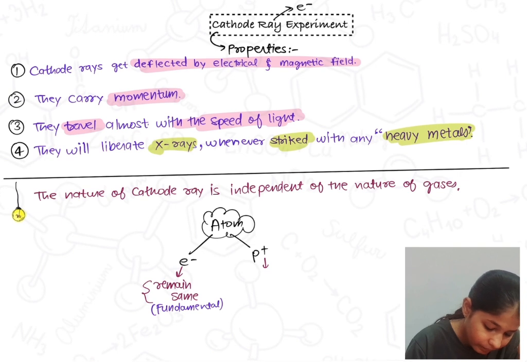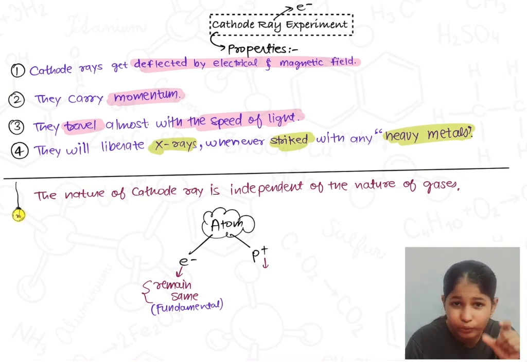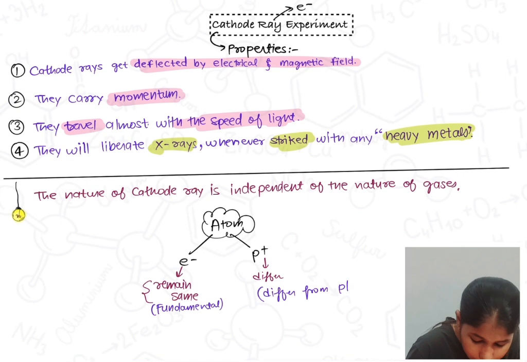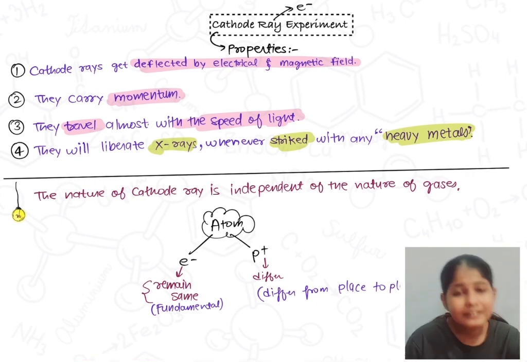But will this proton be the same? No, simply not. It will differ. It means it is not fundamental. It will differ from place to place, here meaning atom to atom.